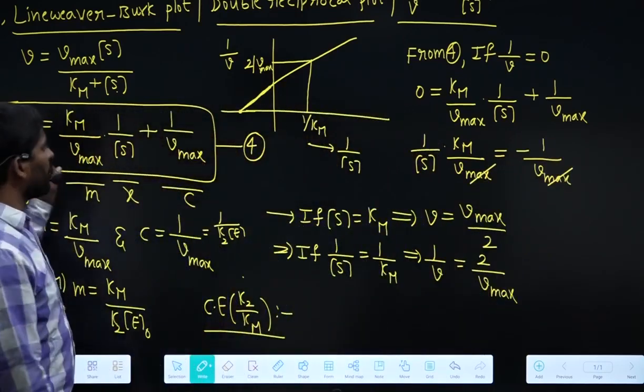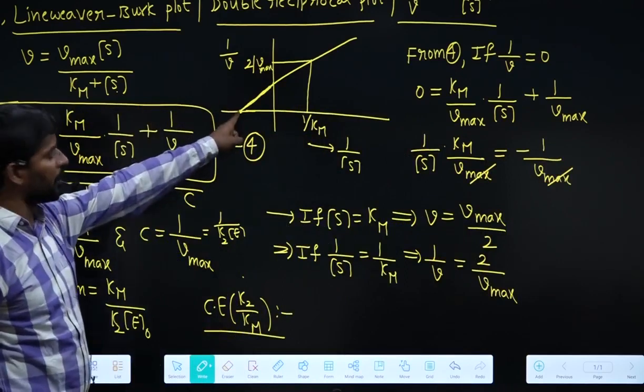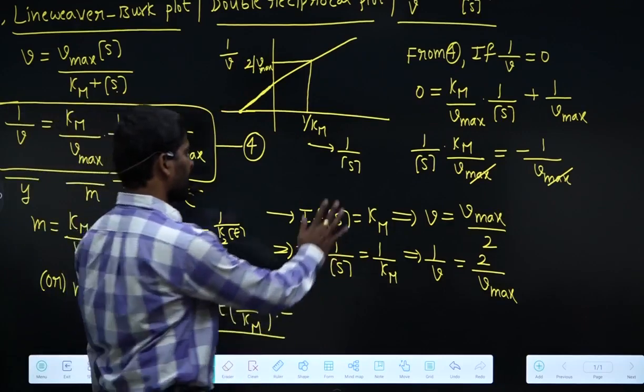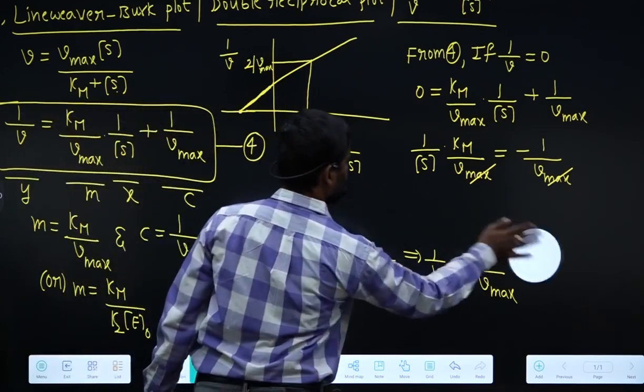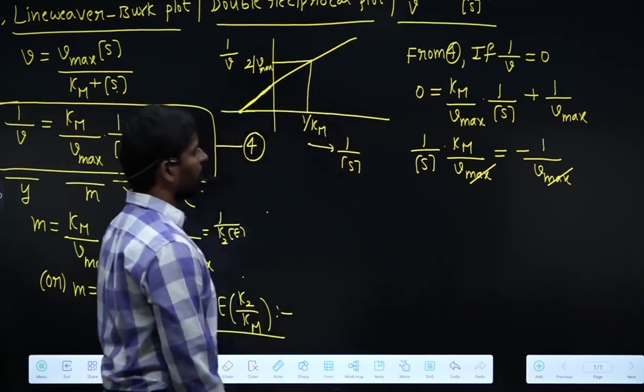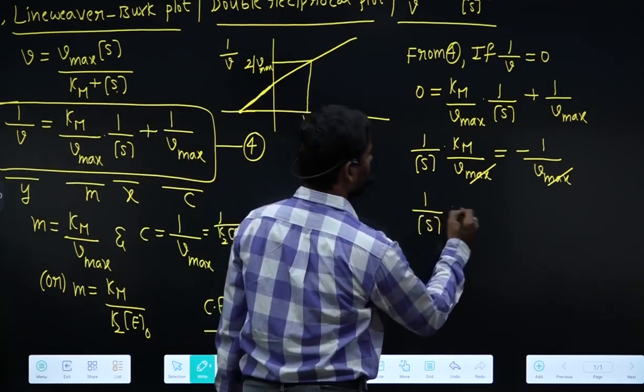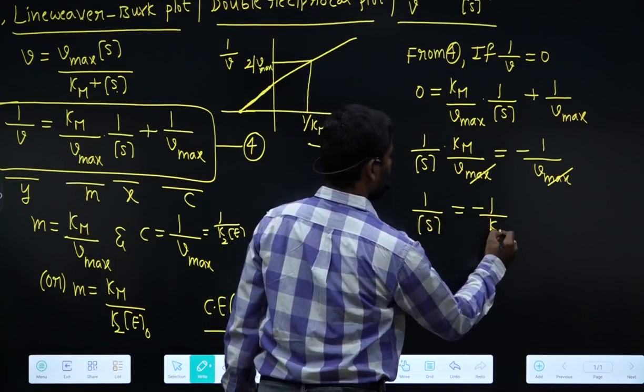We are substituting 1 by v equal to 0. At this point the 1 by v value is 0. What is 1 by s? That we are calculating. So finally 1 by s is equal to minus 1 by Km.